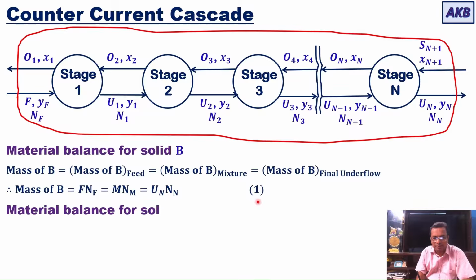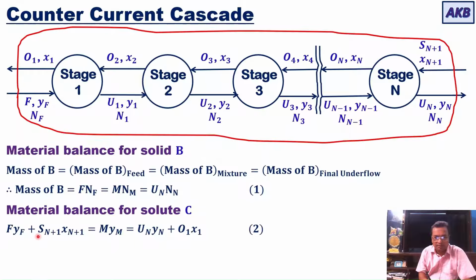Now let us write the material balance for solute C, and it will be given by this equation. F into YF plus Sn plus 1 into Xn plus 1, so this is solute in feed plus solute in solvent, is equal to solute in mixture, is equal to solute in the underflow plus solute in the overflow. F is A plus C in the feed, YF is C upon A plus C in the feed.